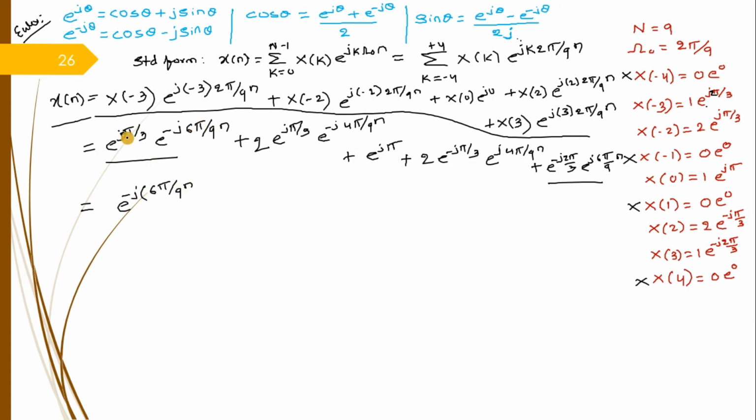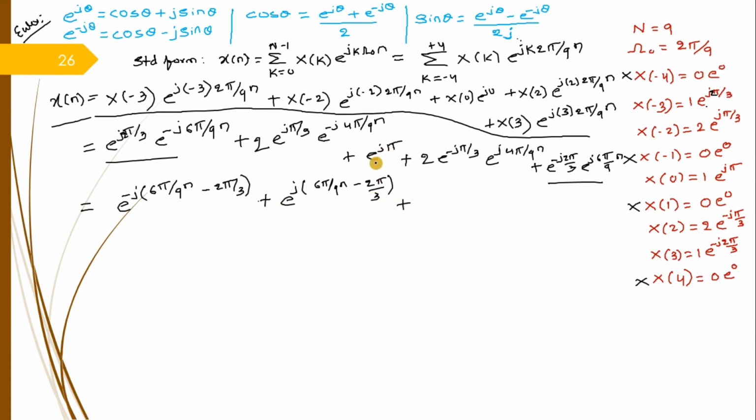This was plus, as I took minus common, so I get it as minus 2 pi by 3, right? Then plus e raised to, now j I don't take common, minus I don't take common, j alone I take common. So what is left out? Here 6 pi by 9 n. Here there is minus, I write it minus 2 pi by 3. Okay, why I wrote it like this, I'll tell you later.